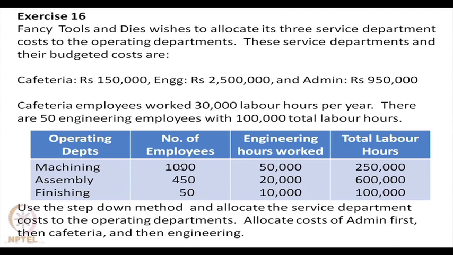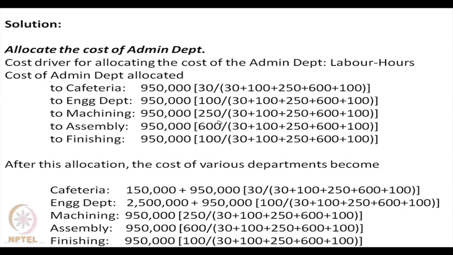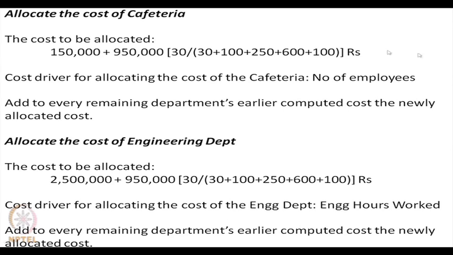So, 50 plus 1000 plus 450 plus 50, that I think is 1500. So, this amount multiplied by 50 by 1500 will be allocated to the engineering department, and in a similar fashion they will be added to their original cost plus the cost that was earlier allocated from administrative department to find out the cost for engineering department.